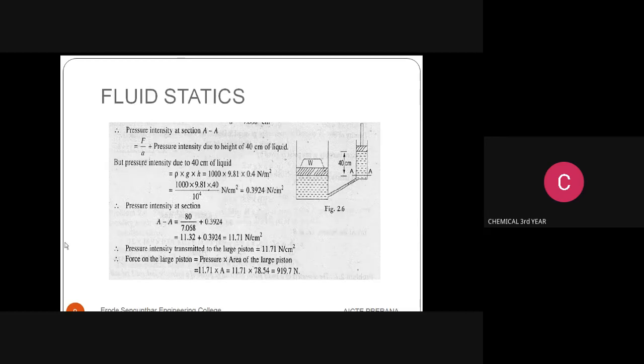So 80 divided by 7.068 plus 0.3924. So you will be getting 11.71 Newton per centimeter square. So this is the pressure intensity transmitted to the large piston.